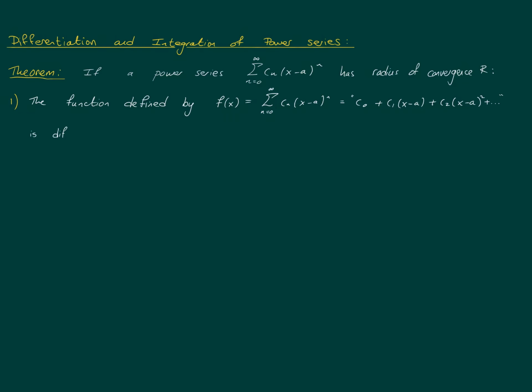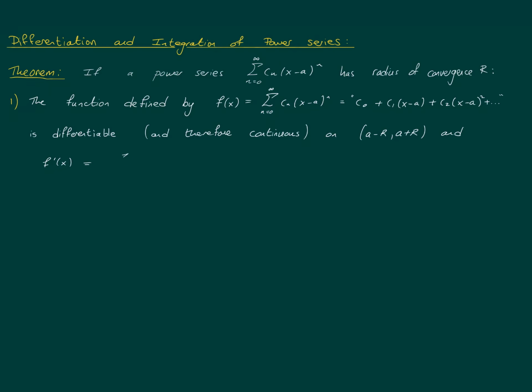is differentiable, and hence continuous, if you remember our Calc 1, and therefore continuous on the open interval a minus r to a plus r. And furthermore, we can give a formula for it.